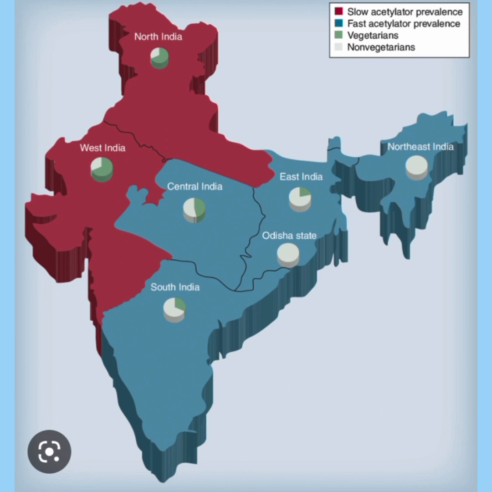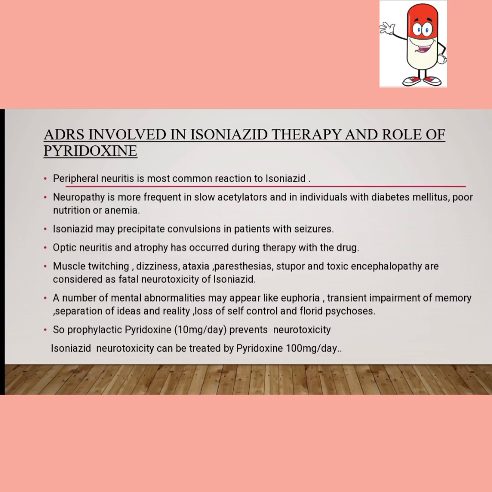So they are at higher risk of getting neuropathy from isoniazid therapy. These neurological manifestations and peripheral neuritis are mainly because isoniazid interferes with the production of an active coenzyme, pyridoxal phosphate, from pyridoxine, and increases its concentration in urine.